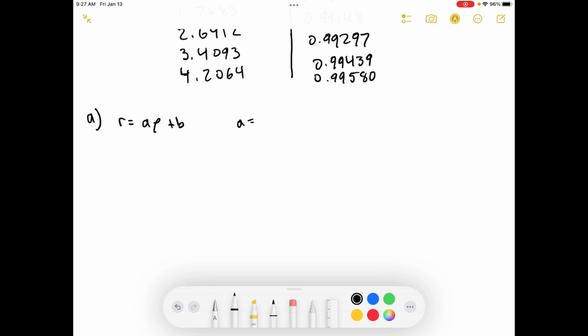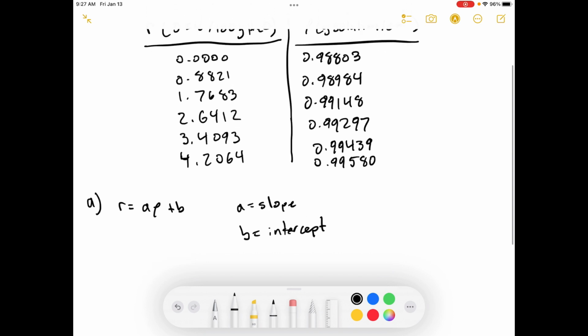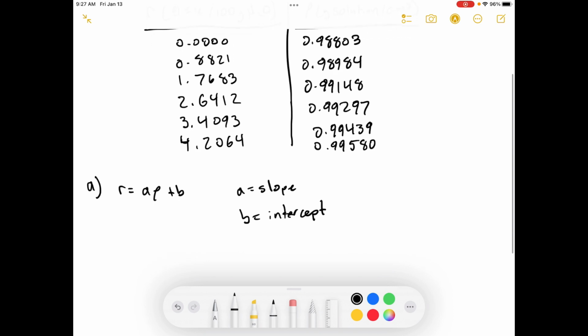So A is the slope and B is the intercept. We can solve this on the computer pretty quickly just by using the built-in functions of a spreadsheet.